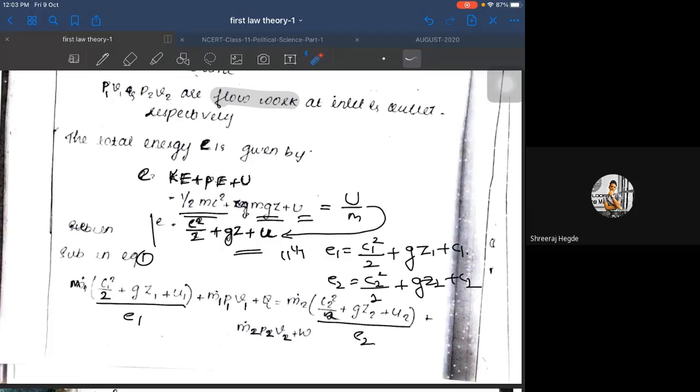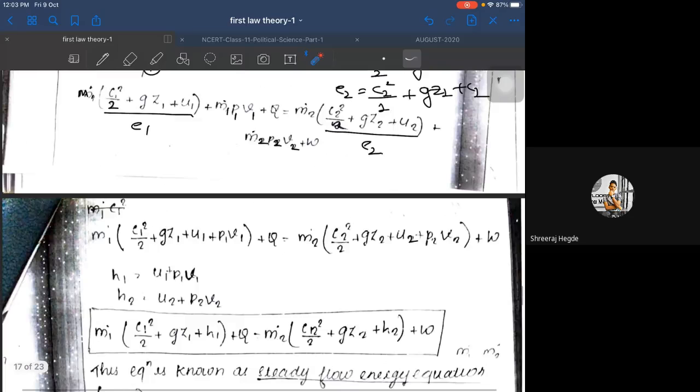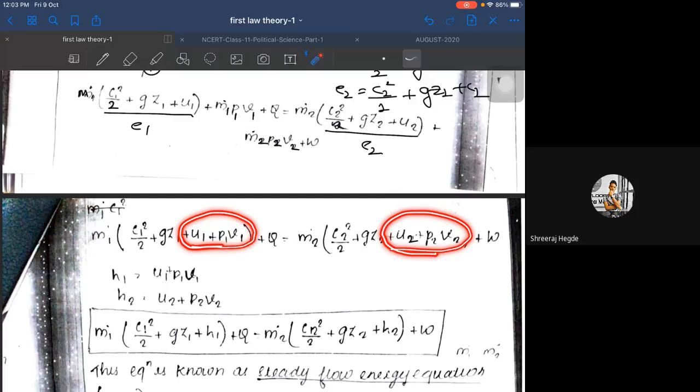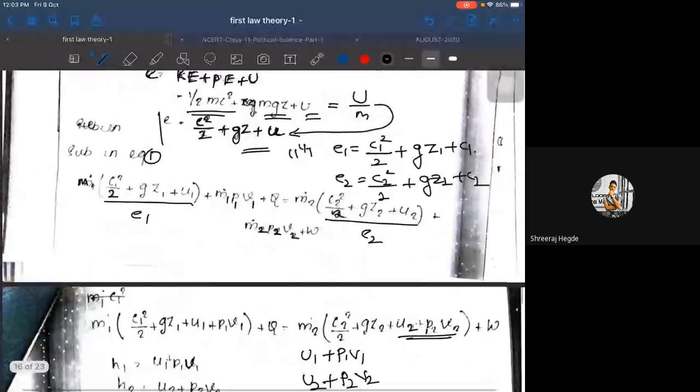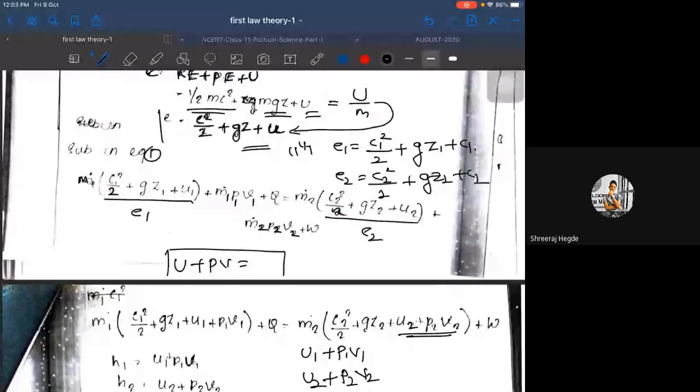So what I have done is I have just substituted the value of E1 and E2. Once I have done that, you have to multiply the things here. If you observe this particular term, what does it say? What are the contents in it? It is U1 plus P1 V1, and here it is U2 plus P2 V2. First of all, what is U plus PV?